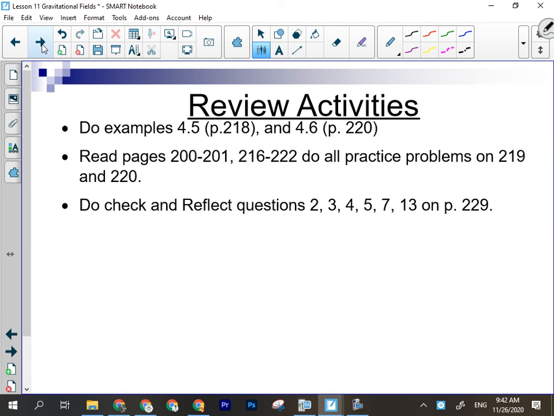When I give you a gravitational field strength question, read it carefully. The most common mistake is for people to not calculate little g, but to calculate Fg. And we just finished saying that those two things are not the same.